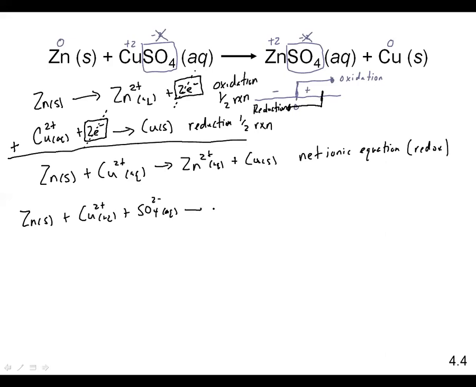Because it's aqueous, the zinc sulfate will also break apart. And the copper would stay together since it's a solid. We will see that basically the sulfate is our spectator ion. And what you're left with is this guy right here, right? So this would be almost like your total ionic equation that you did with our double displacement reactions. Any question on that?